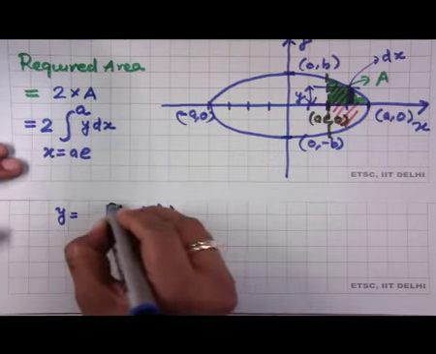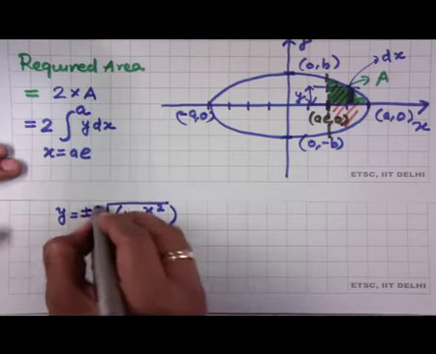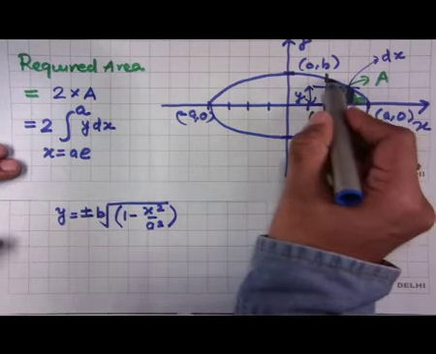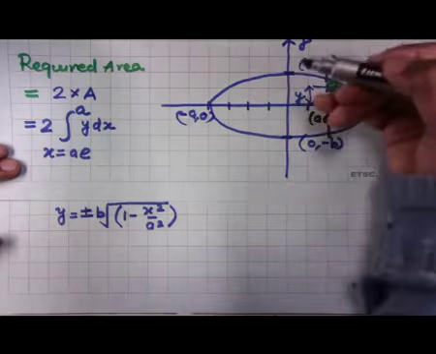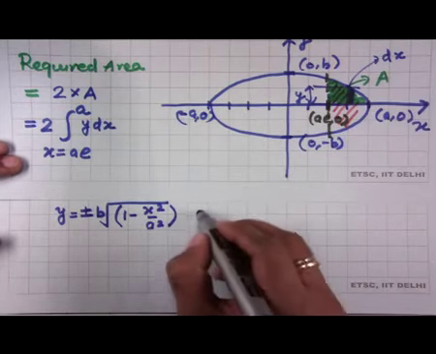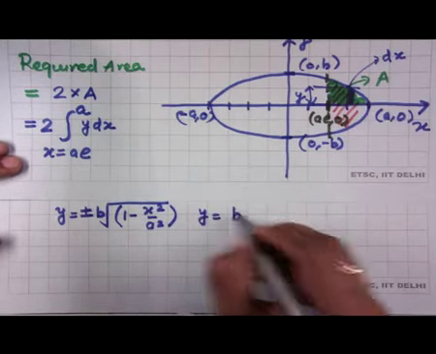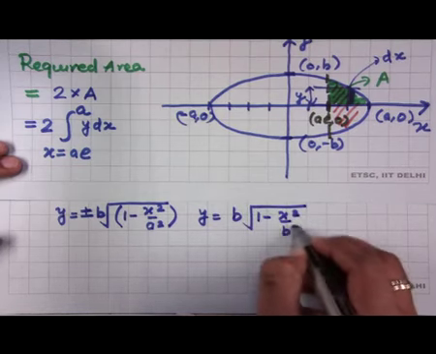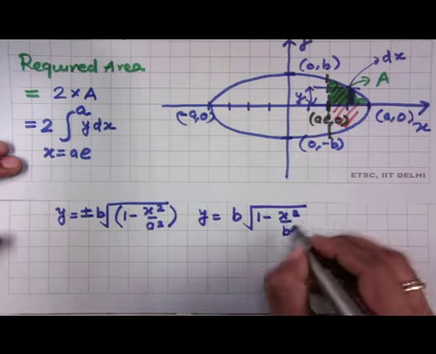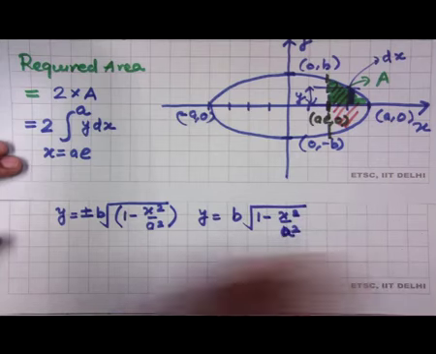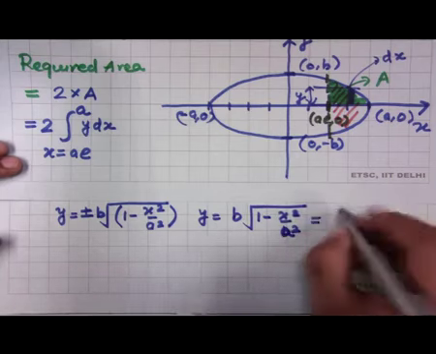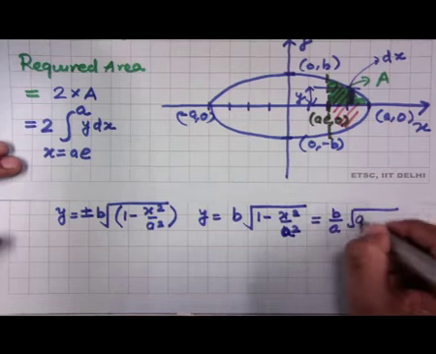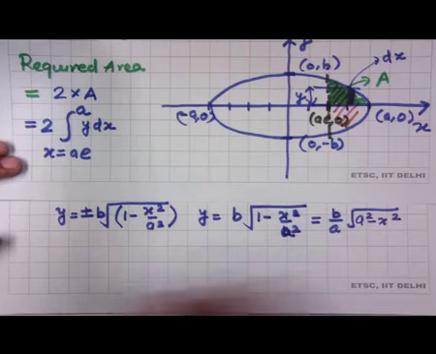Since we are using the upper portion, the portion of the ellipse which is lying above the x axis, we will be using this equation. So, y is b by a under root a square minus x square.